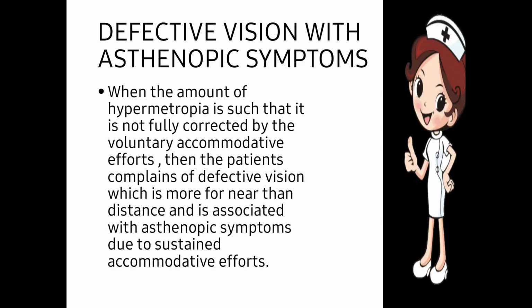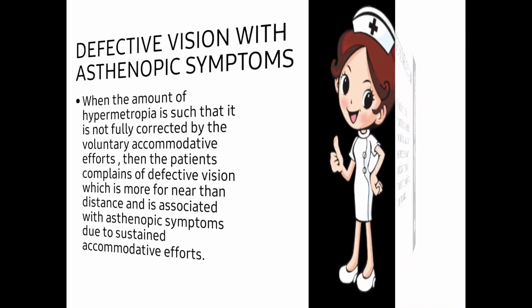So the patient will complain of defective vision. When it is not corrected by the accommodation, the patient feels the vision is blurry. These are associated with asthenopic symptoms due to sustained accommodative efforts. Accommodation is not fully effective, so asthenopic symptoms are present along with the defective vision.